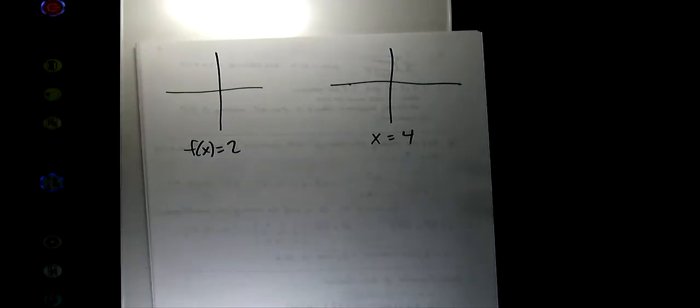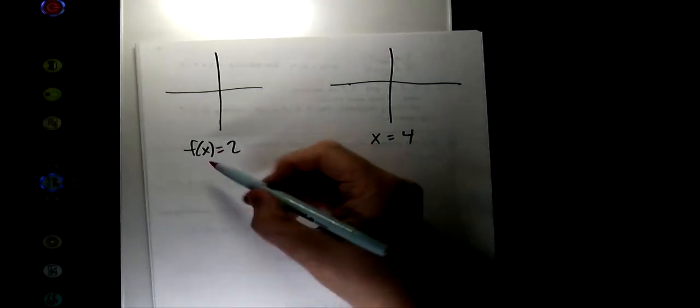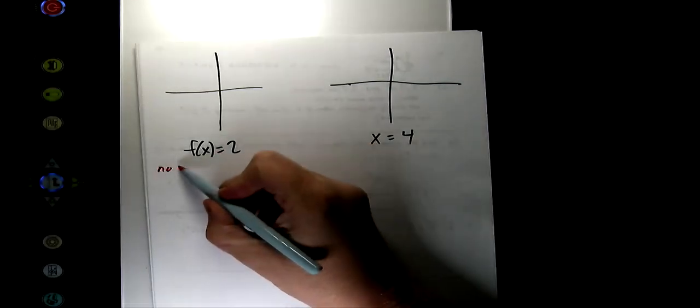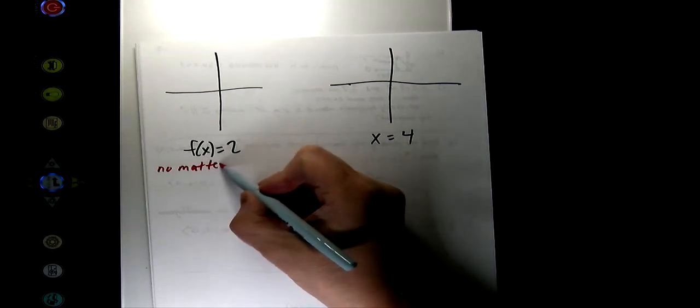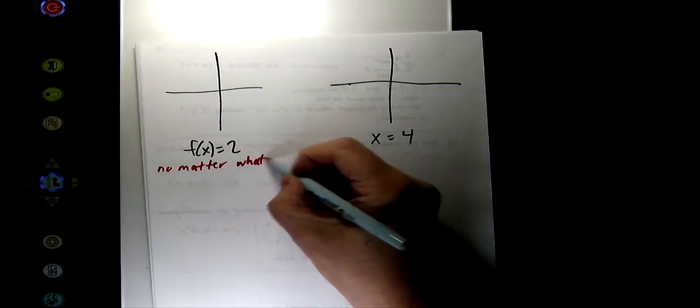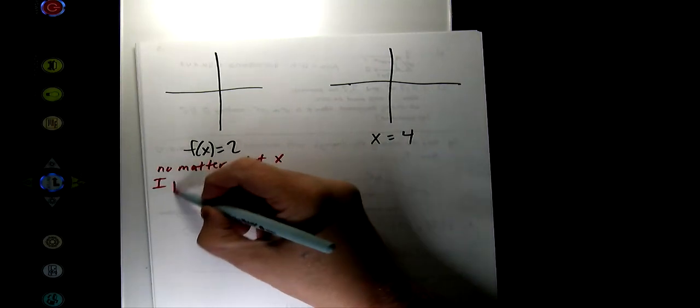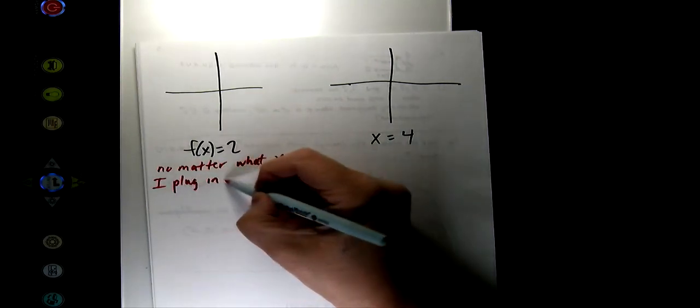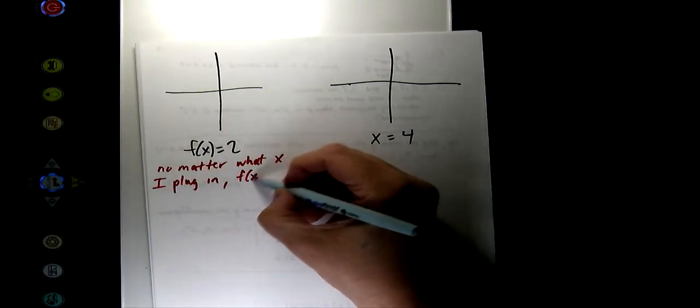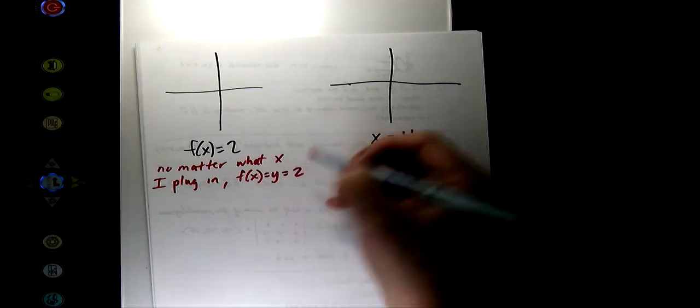So when they give us f of x equals 2, this says no matter what x I plug in, f of x, which is my y value, equals 2.